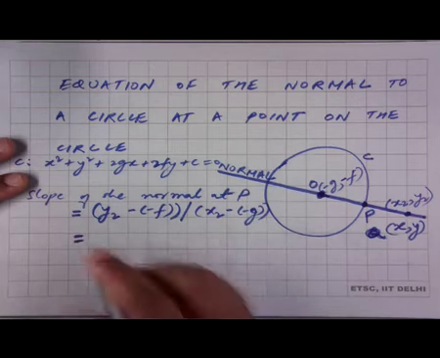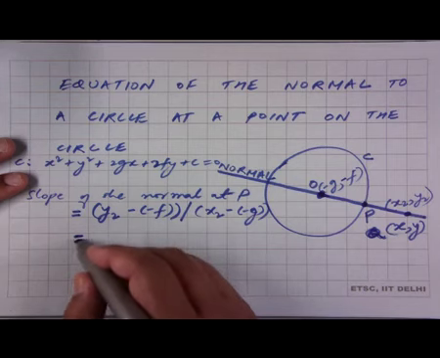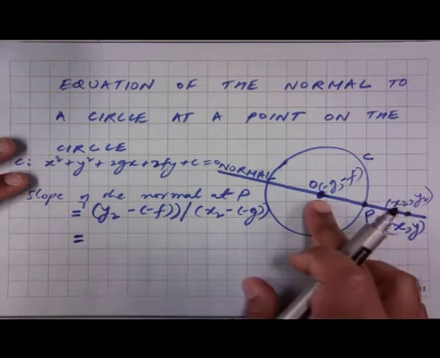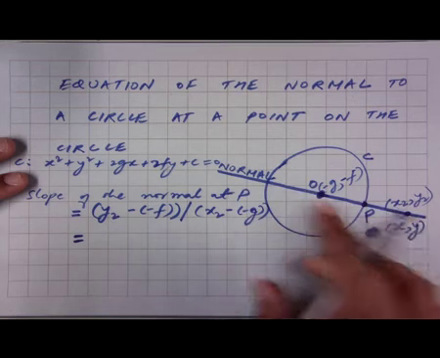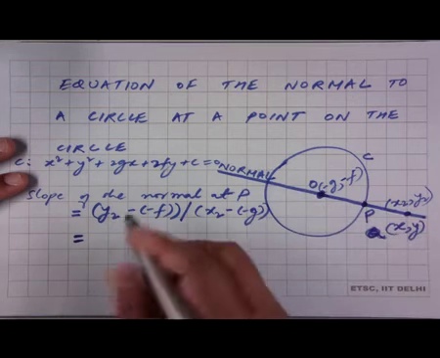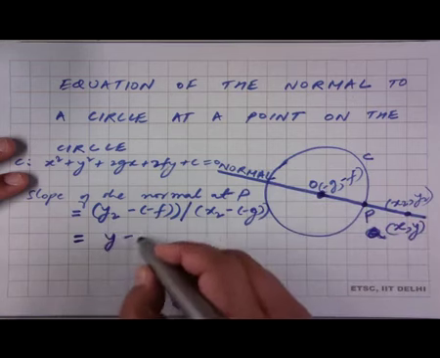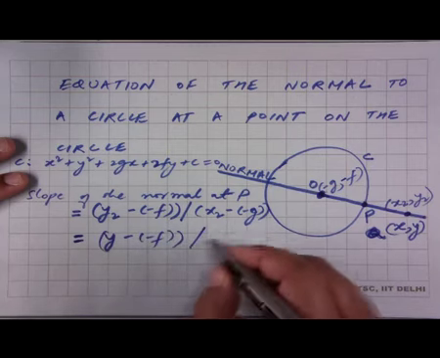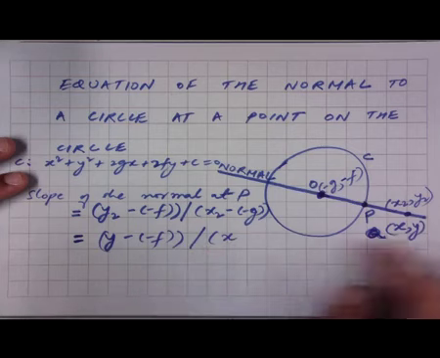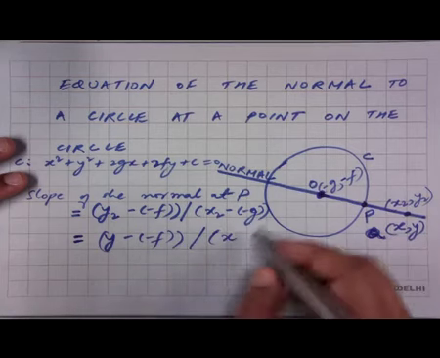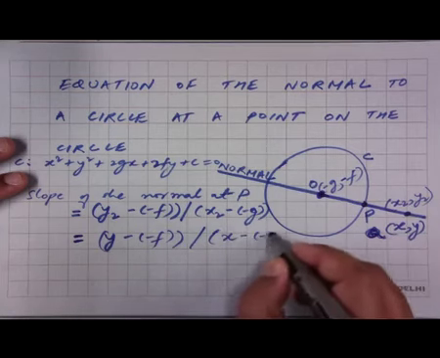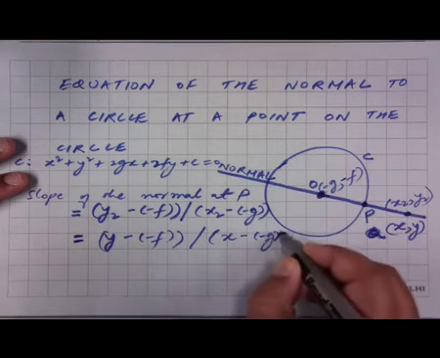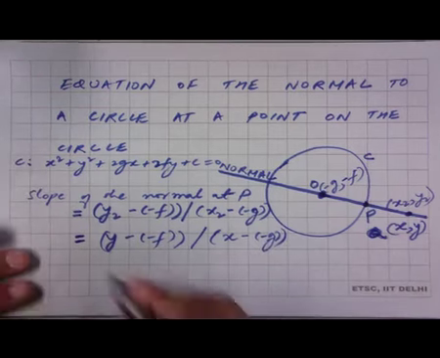Therefore, this must be equal to the slope of the line segment OQ, which is equal to y minus f over x minus g.